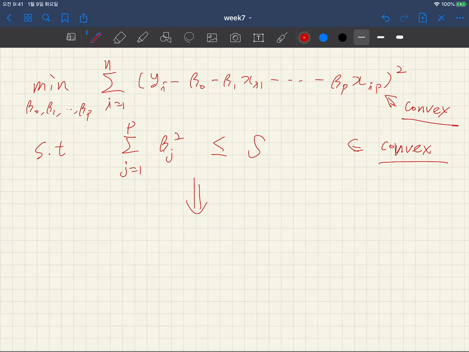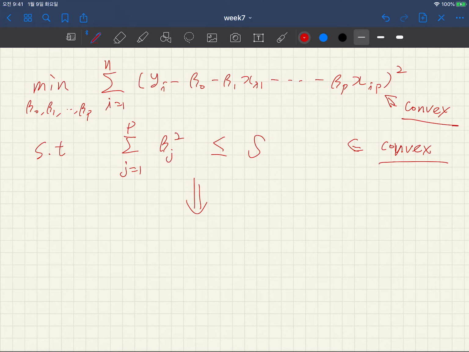This is very simple. When your optimization problem has a convex objective function and a convex constraint set, it is easy to solve. One possible approach to find the solution for a convex optimization problem is the Lagrange dual approach.